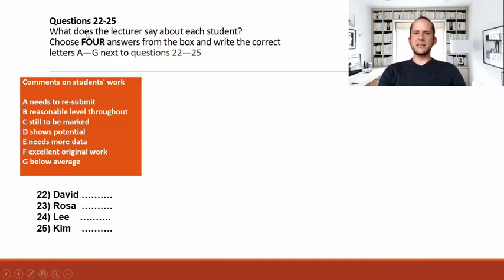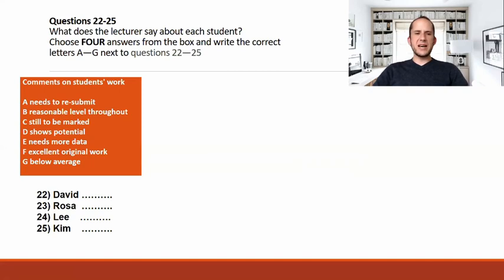So, really, what we're listening for here is a lecturer making comments on a student's ability or their performance on a specific task. So if we have a look at the numbers, which are our questions, which go from 22 to 25, we've got 4 people. So we've got David, Rosa, Lee, and Kim. So you can say those words to yourself. That will help you during the listening to prepare your mind to catch the answers.